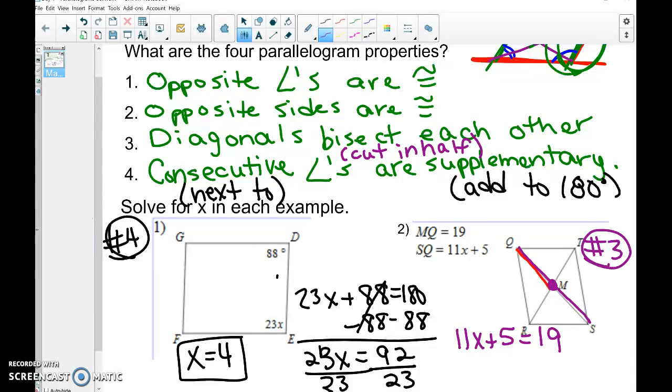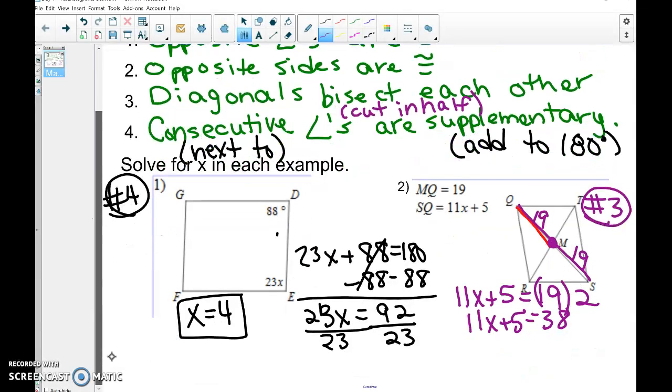If 19 is half, that means that SM is also 19, which means if I double 19, I'm going to get what SQ would be equal to. Okay, so that means that I have 11x plus 5 equals 38.